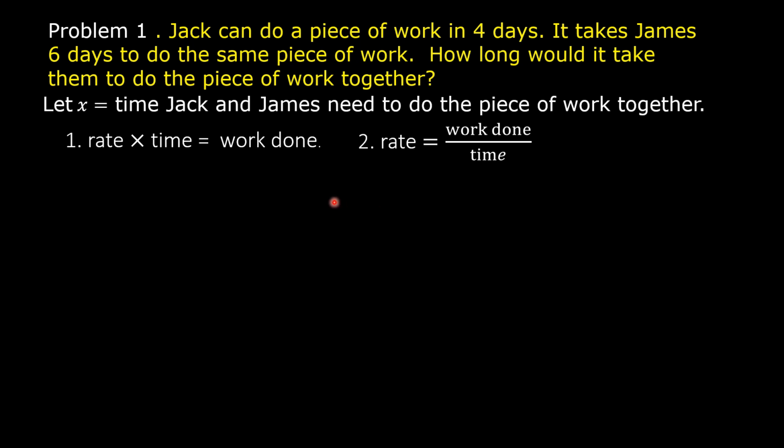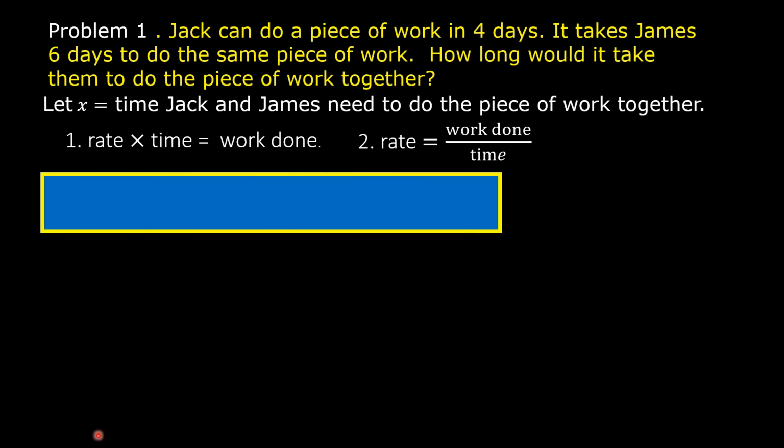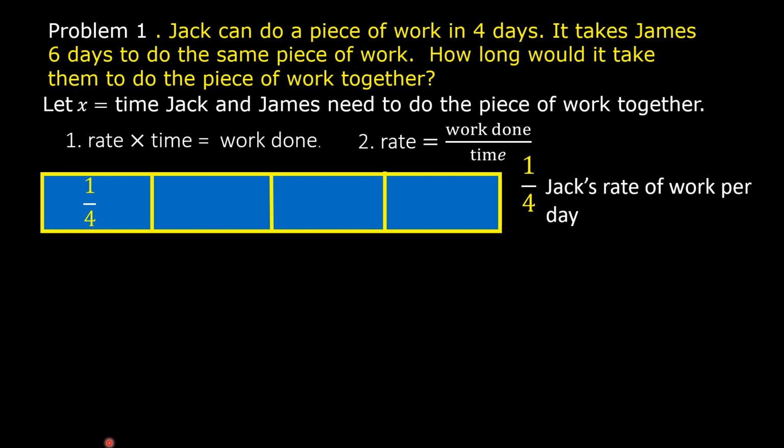Let us assume this rectangle is the piece of work. Jack can do this piece of work in 4 days. We divide the rectangle into 4 parts. 1, 2, 3, 4. Each part is equal to 1/4. 1/4 is Jack's rate of work per day.